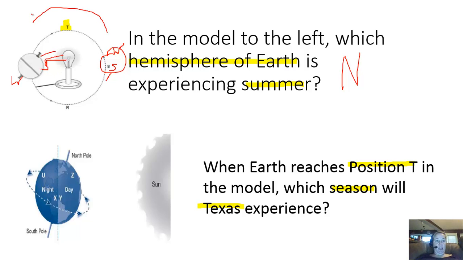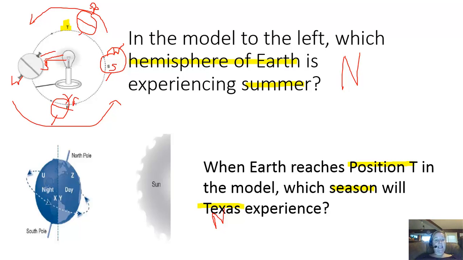So we know that we go counterclockwise because everything in nature is pretty much counterclockwise. So right here next to T, I'm going to figure out, okay, what season am I going to be in Texas? I know that Texas is in the northern hemisphere, so I'm going to sing my little song, winter, spring, summer, or fall.